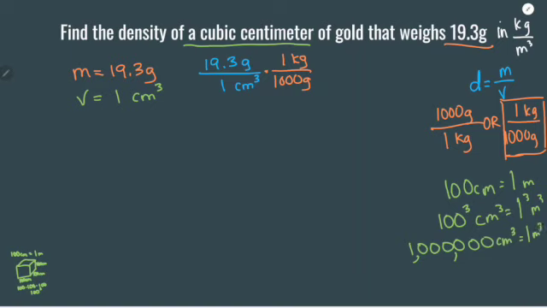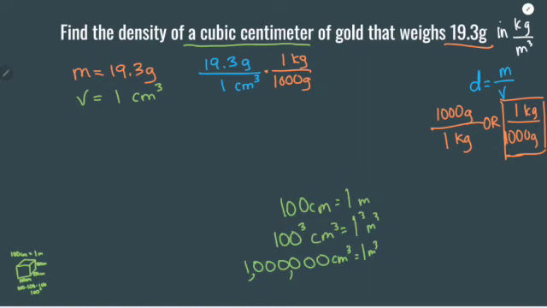Now we can use that information to find our conversion rate. So our conversion rate is either going to be 1 million cubic centimeters per 1 cubic meter, or the reciprocal of that, 1 cubic meter for every 1 million cubic centimeters.